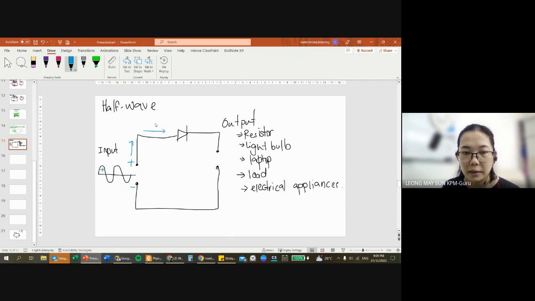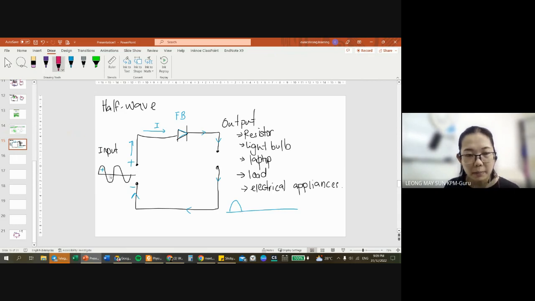This current flow direction is the same direction as the diode, so current can flow through. The diode acts as a forward bias. Current will be able to flow through, passing through the resistor, going back to the negative terminal. When it gets back to the negative terminal, the wave will appear at the output.